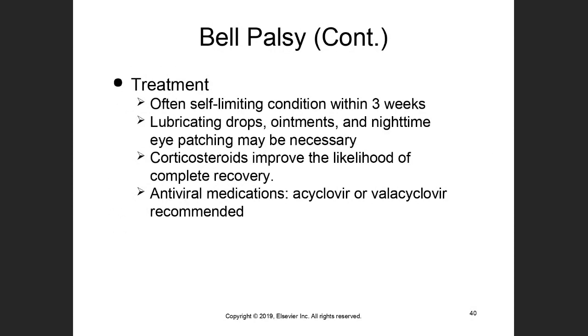And treatment: the treatment for Bell palsy is corticosteroid. Okay? That's the main treatment. Actually, the only one. Most of the time, the doctor prescribes acyclovir because the most common cause is viral, but the main medication is corticosteroid.